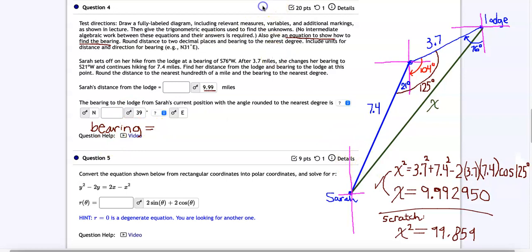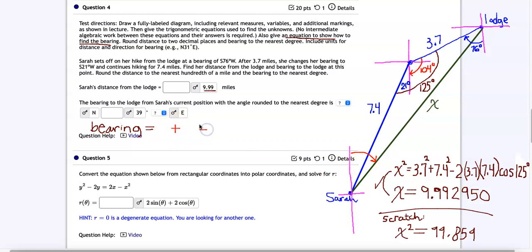What we're looking for as bearing, I'll show this in red, is going from the north all the way to the green line. This is what your bearing is, okay? That is because you start at due north and then you're going towards the east. This is two distinct angles added together, and so that's what we're going to show.